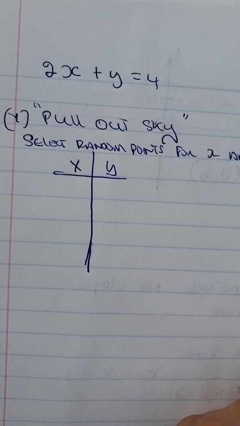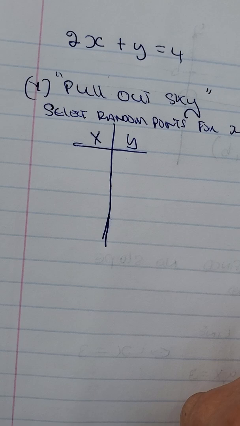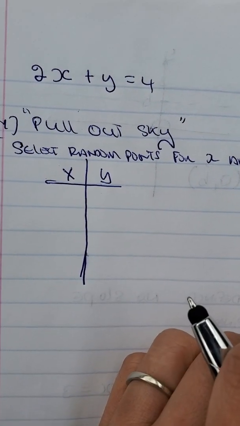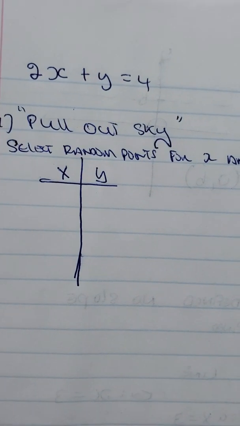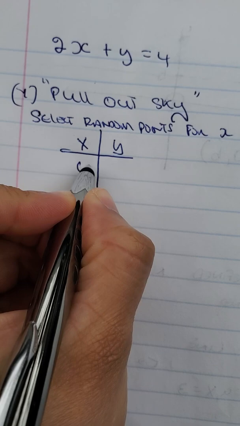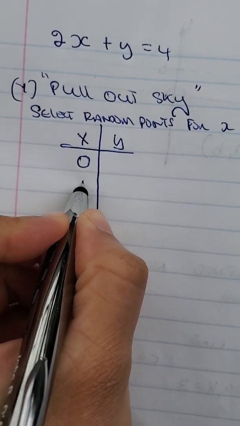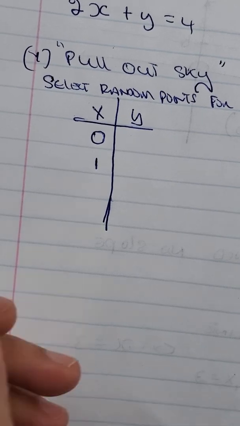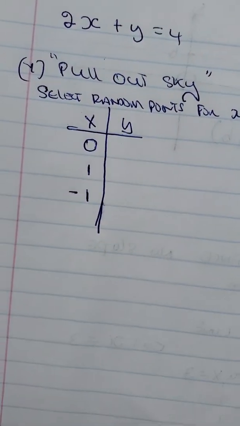Usually I select the smallest possible points, and depending on my equation, if it has fractions, I'll select a reciprocal of the fraction and things of that nature. So I'll start with 0, then 1, and I probably wouldn't even go to 2. I'd probably go to -1, things like that. So let's try -1. You can try 2 if you want.